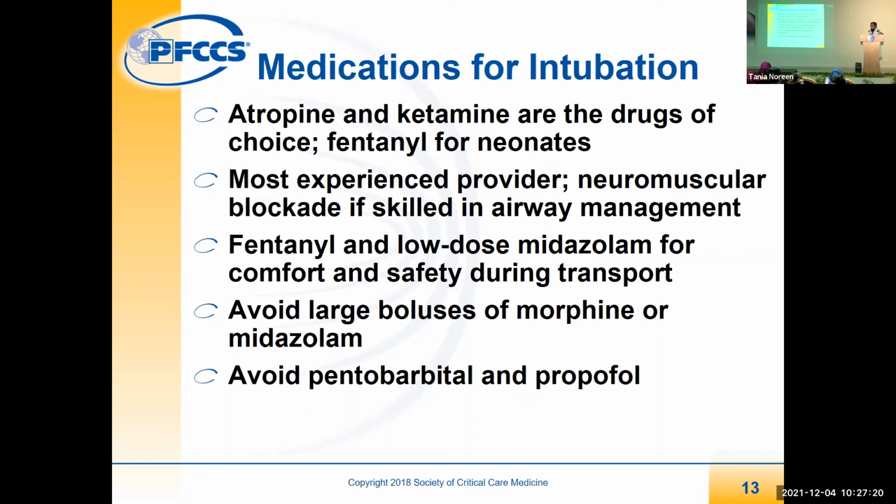There is no way to ventilate these children if the chest is not expanding at all. Neuromuscular blocking agents should only be given if we are sure that we are able to bag the patient. If we are unable to bag the patient, a neuromuscular blocking agent should not be used.